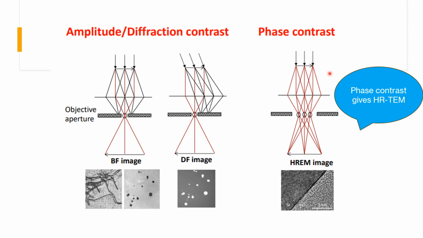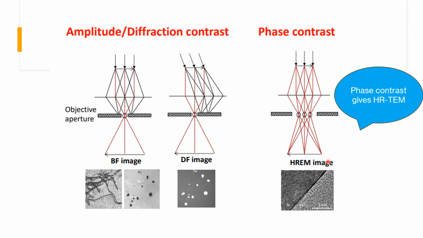The second is the phase contrast. How is the phase contrast generated? The phase contrast is generated by using the phase difference of the electron waves. This is used to generate the contrast. This phase difference is created first by the specimen, and then further by the objective lenses to have the contrast.